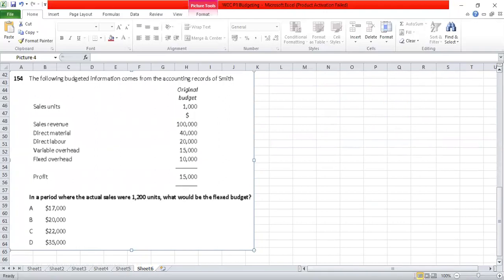We have the original budget given for 1000 units. In a period where the actual sales were 1200, what would be the flexible budget? That's it, flexed budget or the revised budget. Fine. Question number 154.